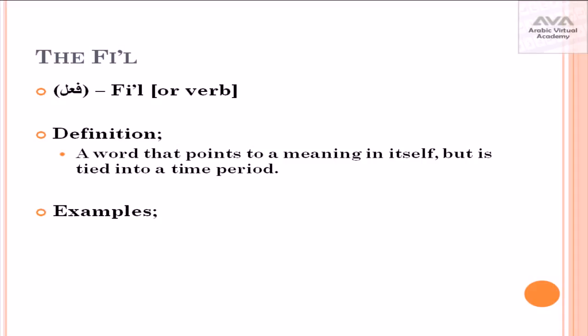And some examples of these verbs are kataba, to write, or jalasa, to sit. And you see these words up on the screen. This word kataba, it has a meaning. Like we said, it means to write. But it's talking about the past. Kataba means he wrote.